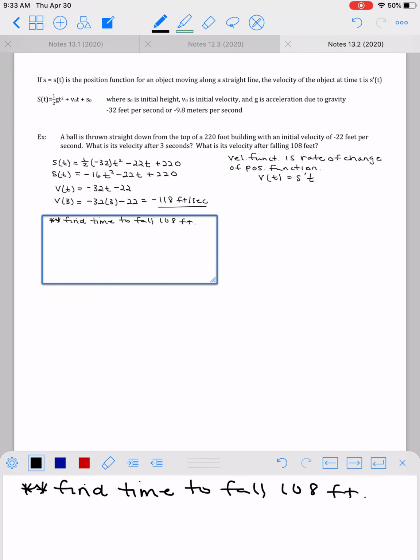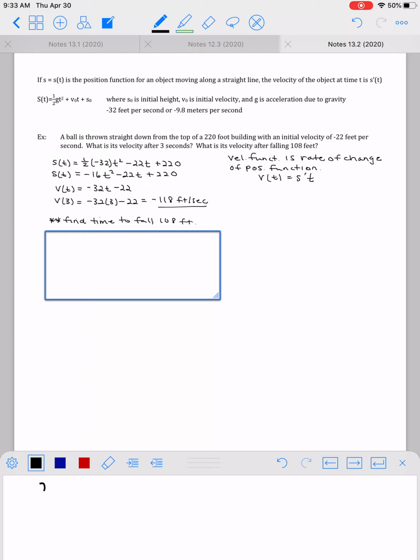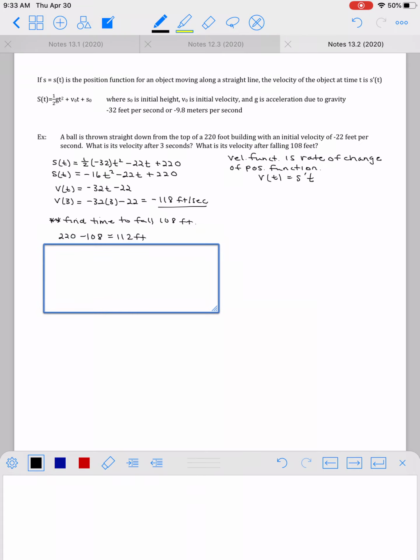So the first thing is our initial height was 220, and we fell 108 feet. So our height now is 112 feet. And this again is the height after falling 108 feet. Okay, that's what's left.